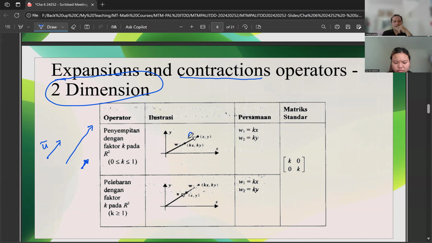This is our original vector x, and this is the contraction of x.